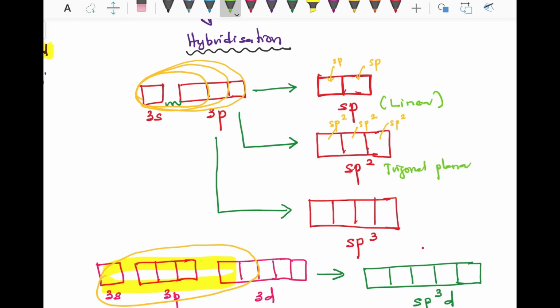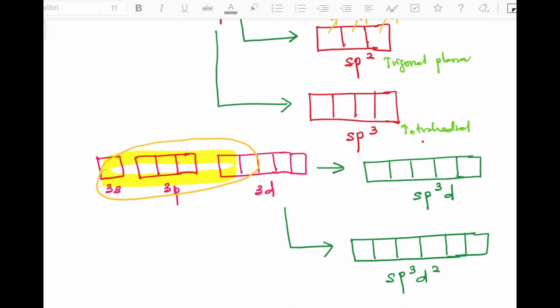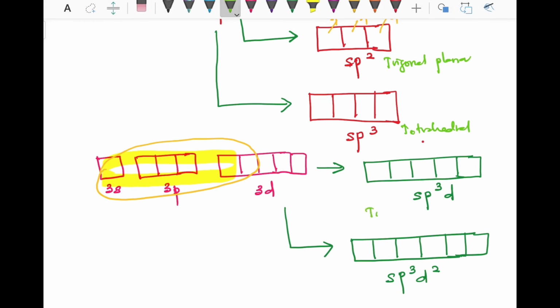If it is sp3, it is tetrahedral. If it is sp3d, it is trigonal bipyramidal. And the last one, sp3d2, is octahedral.